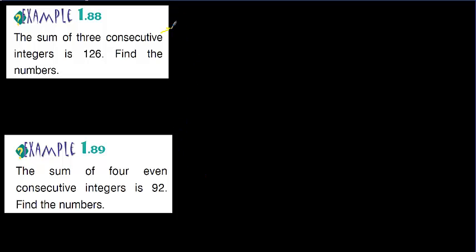What is consecutive? Consecutive means one after another. So they are ordered. Let's say consecutive numbers 6, 7, and 8. These are consecutive numbers. And here the sum of 3 consecutive integers is 126. There are 3 numbers here.